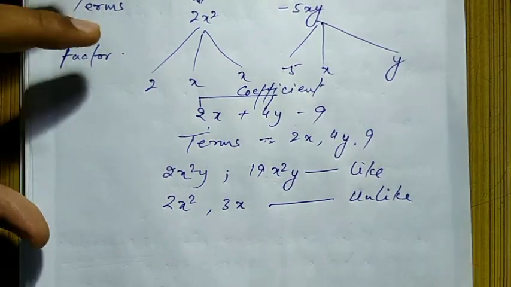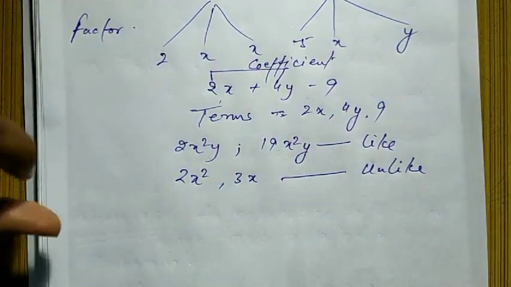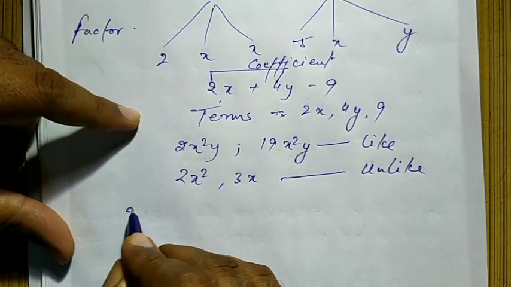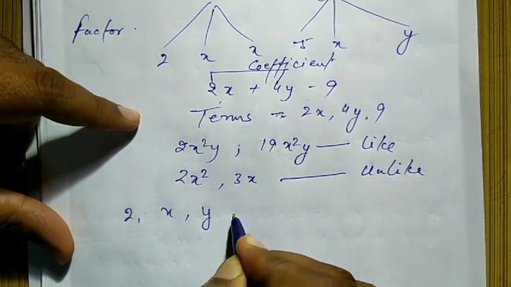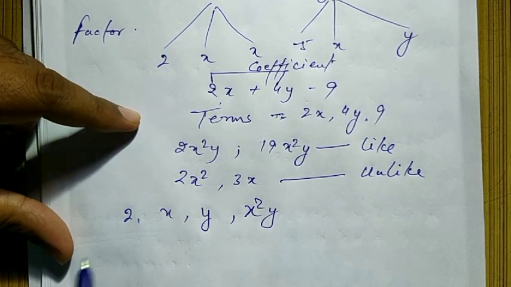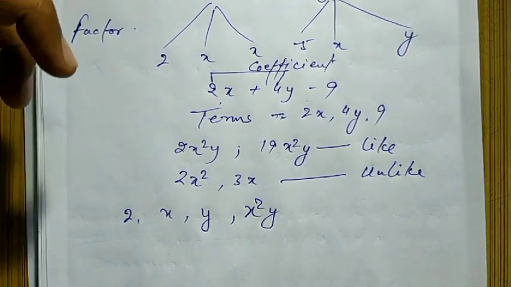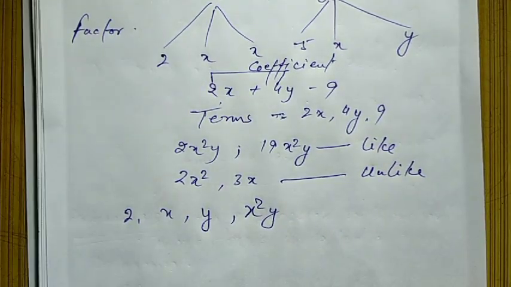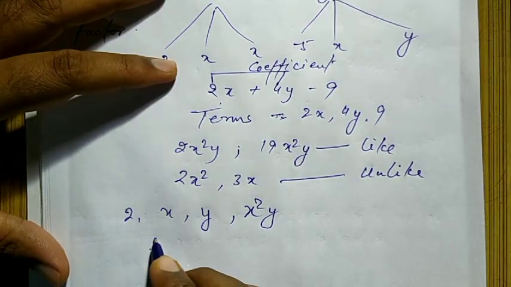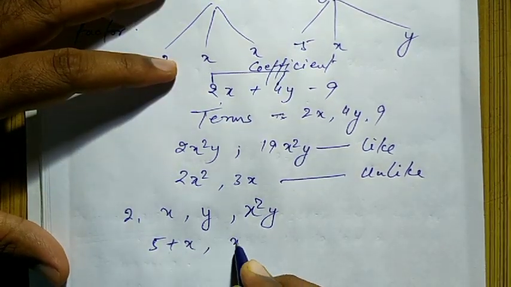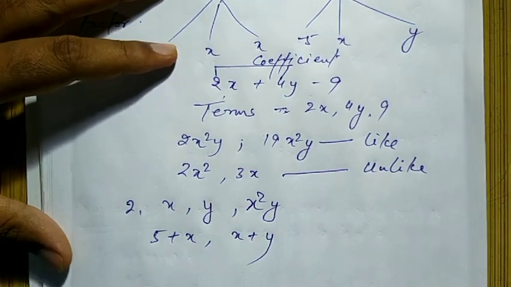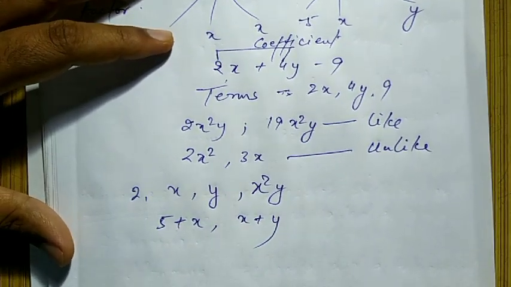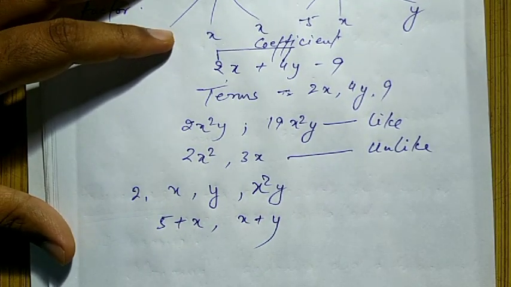After that, monomials: an expression with one term, like 2x, y, x square y. These all are monomials. Binomials: an expression with two unlike terms, like 5 plus x or x plus y. These are binomials.